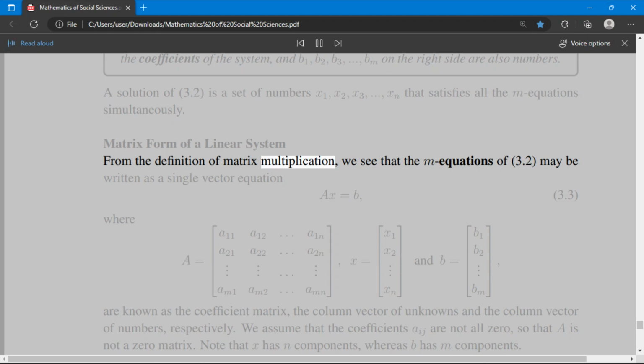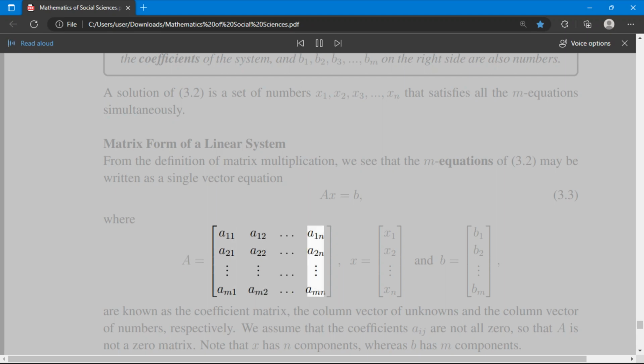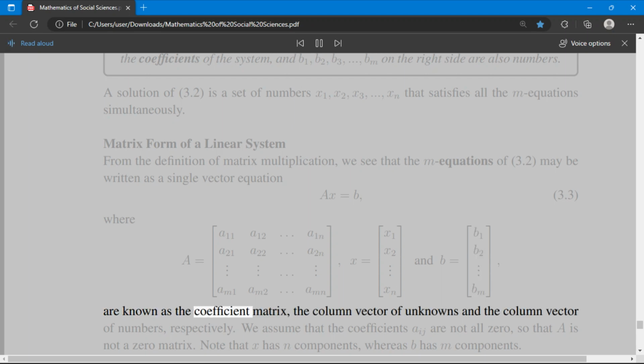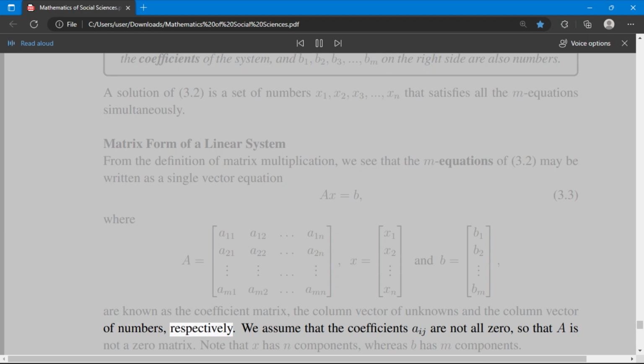Matrix form of a linear system. From the definition of matrix multiplication, we see that the m equations of 3.2 may be written as a single vector equation Ax equals b, (3.3) where A equals a11, a12, ..., a1n, a21, a22, ..., a2n, ..., am1, am2, ..., amn, x equals x1, x2, ..., xn and b equals b1, b2, ..., bm are known as the coefficient matrix, the column vector of unknowns and the column vector of numbers, respectively.